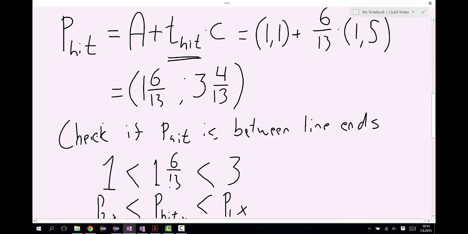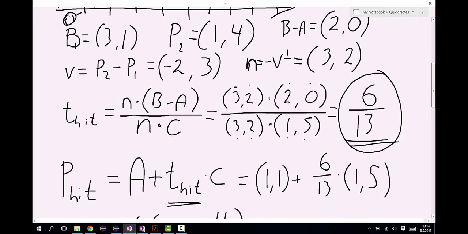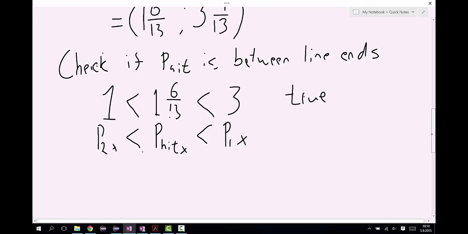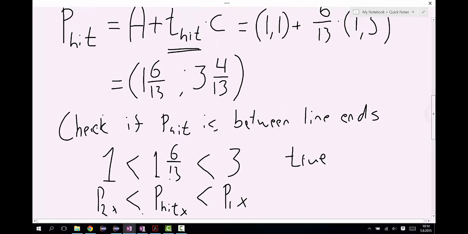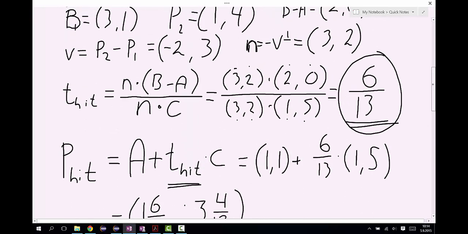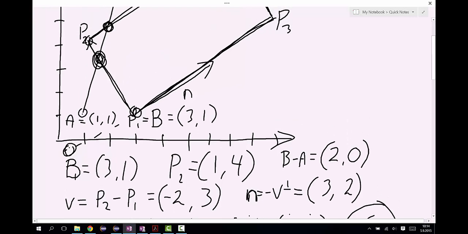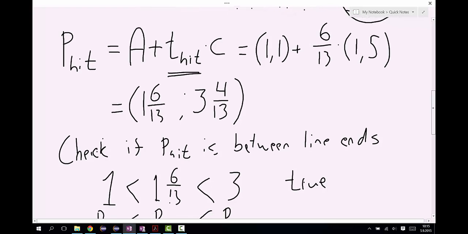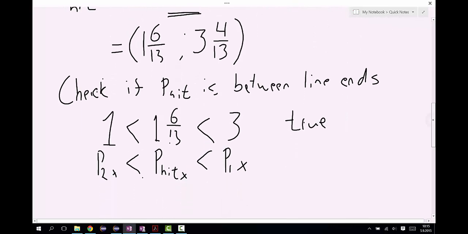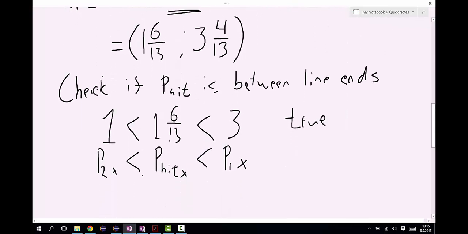Okay, so this is true. Which gives us basically a positive check here. So that's nice. Now we know that the point is actually between or inside the line segment. So all of this is good. And now we know that we're actually hitting in the spot.